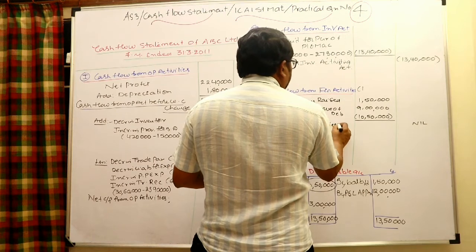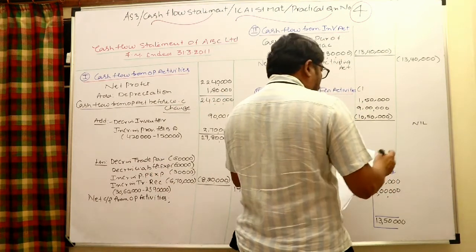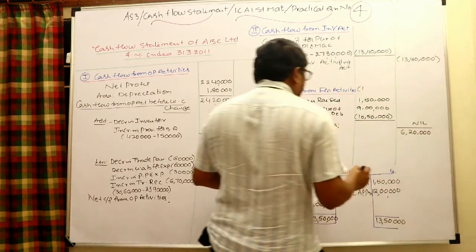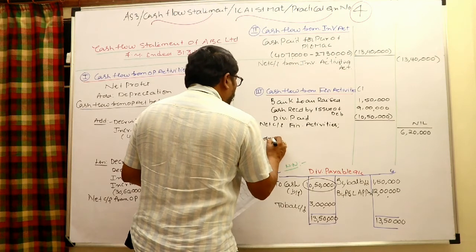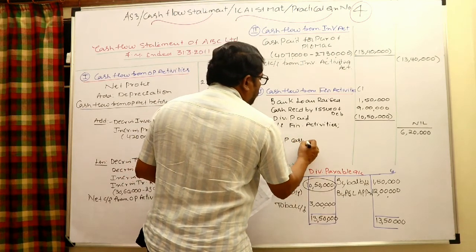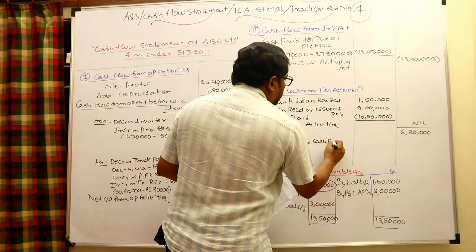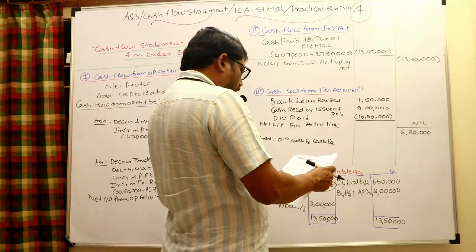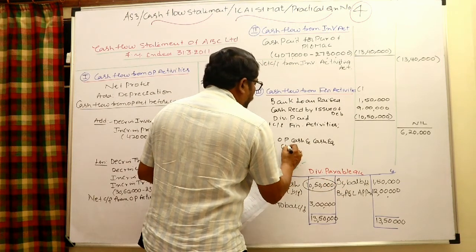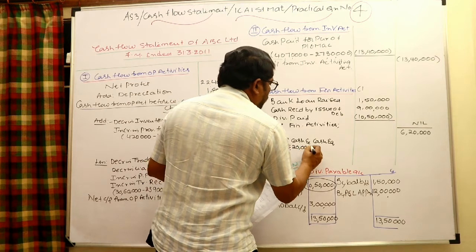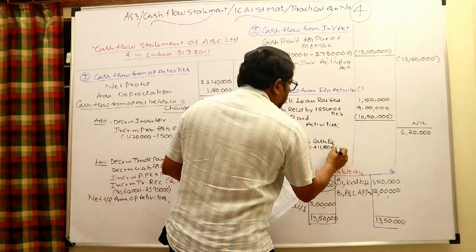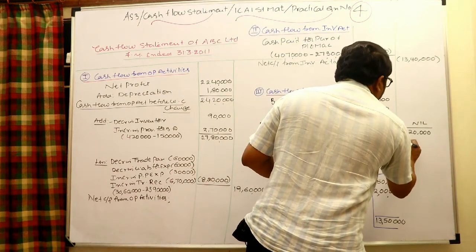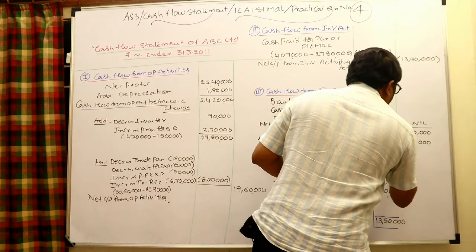Out of all these three, the net result is 6,20,000 inflow. Add opening cash and cash equivalents, which includes marketable securities: opening 15,20,000 plus 11,80,000, the result is 27 lakhs.